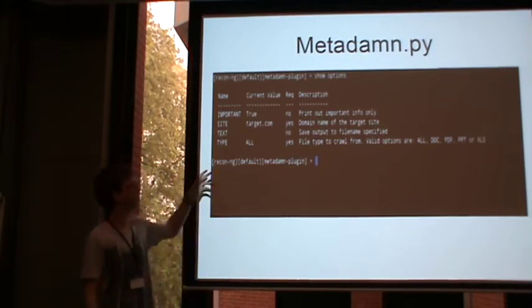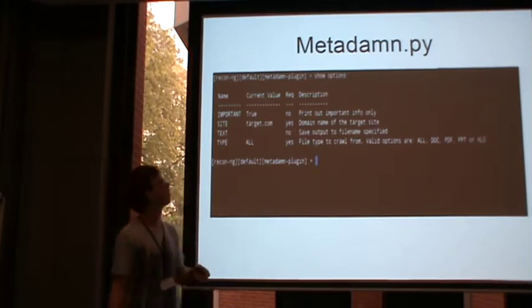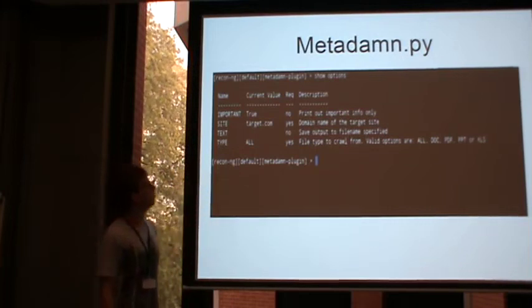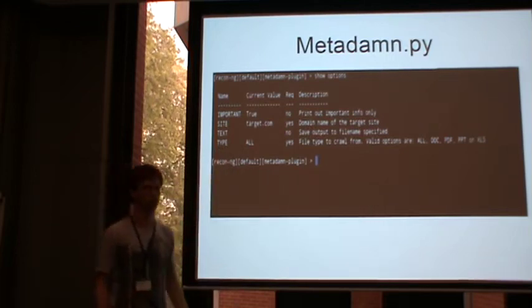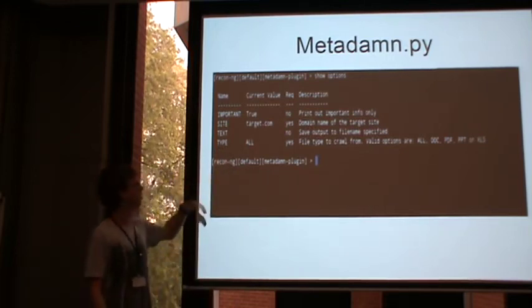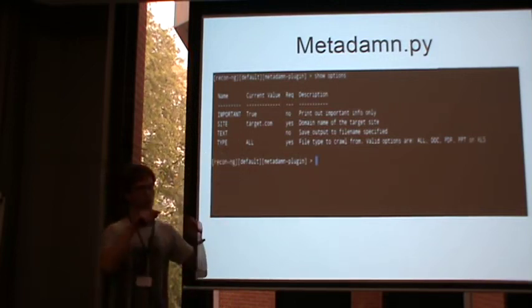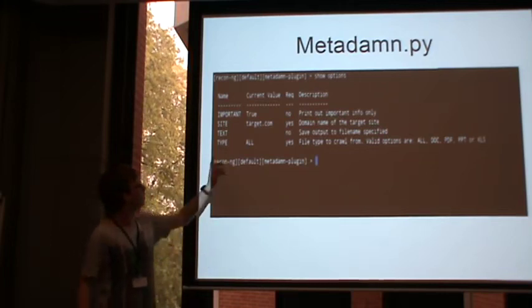So that will filter that information out and only display the information that's important for a pen test. The next option is the site option. You set the site. You can either specify the www in front of it or leave it out. It's entirely optional. If my tool can't find the site, it will try prepending www in front of it and see if it can reach it on that site.